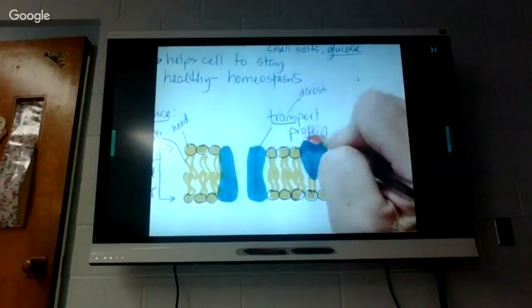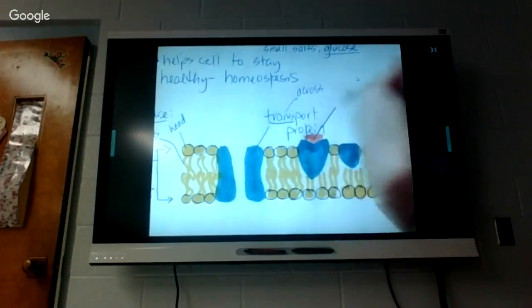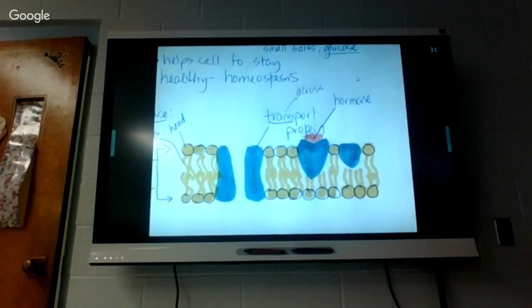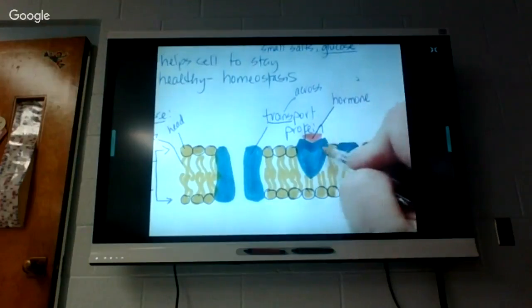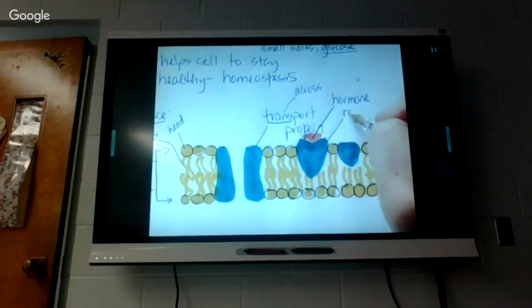So the red thing that I just drew is a hormone. So this is what happens. Your cells don't have a brain, but they operate on signals. Okay, they operate on signals. So we have proteins like this that are called receptor proteins.